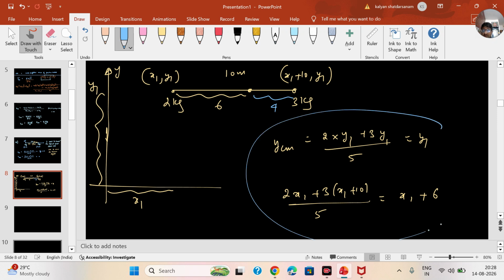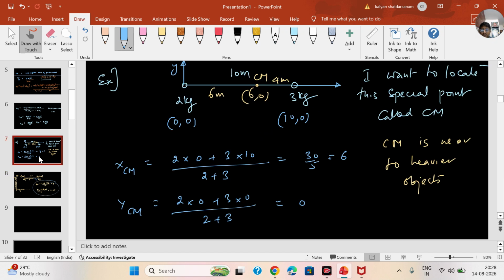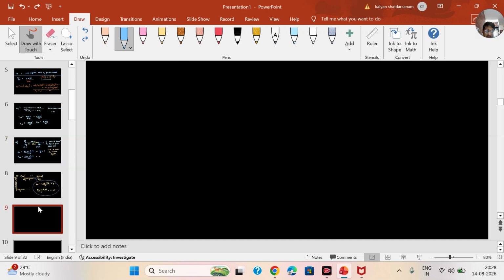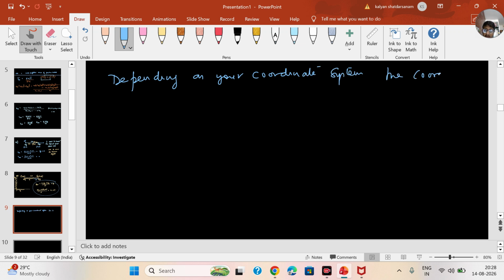The coordinates of the center of mass changed, no doubt, but the physical location of the center of mass, it is 6 meters from the 2 kg and 4 meters from the 3 kg here. That did not change. So depending on your coordinate system, the coordinates of the center of mass will change.